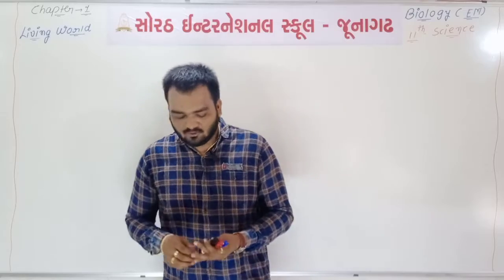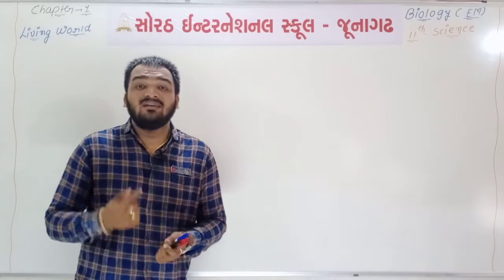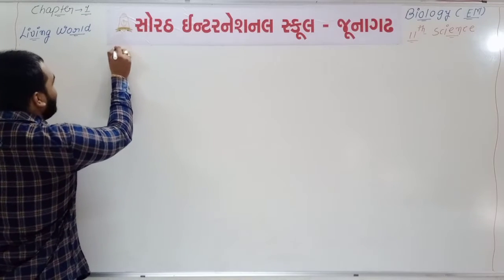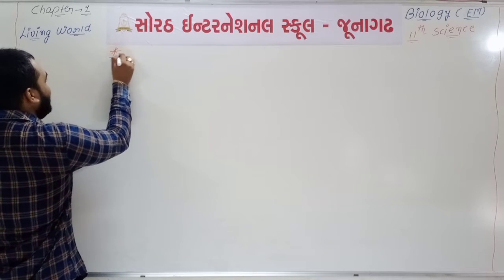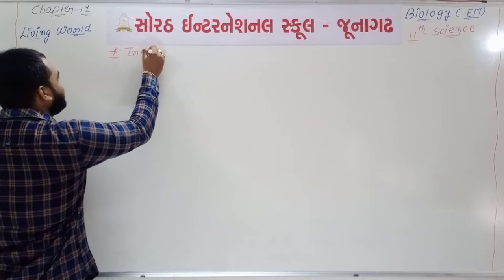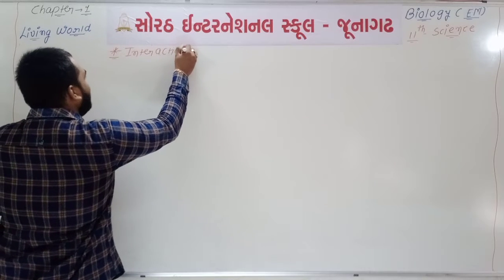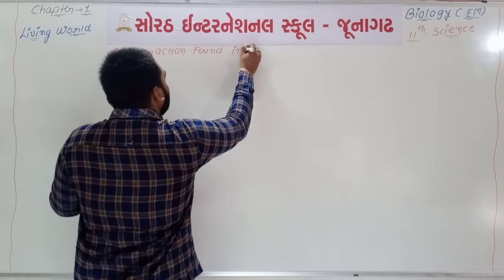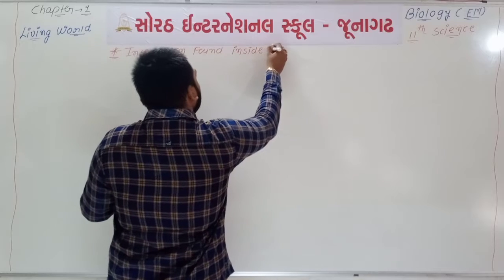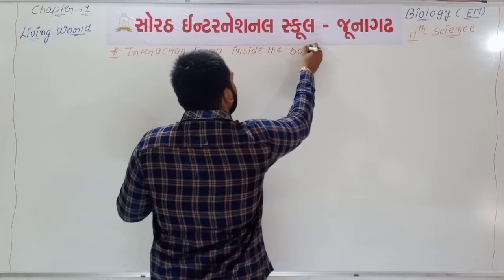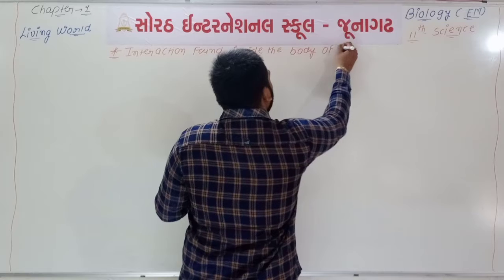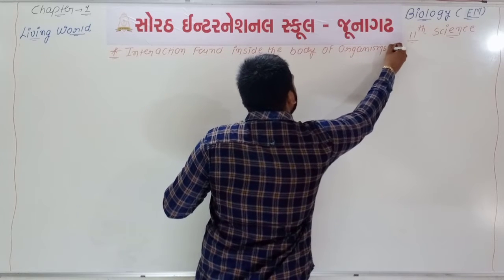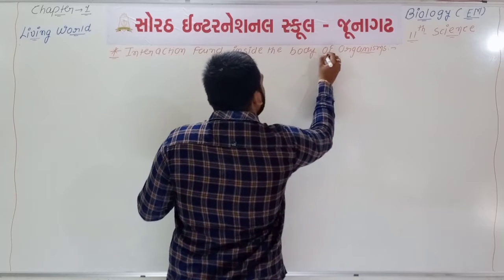So today we are going to talk about the interaction found inside the body of a living organism. So today's question is: interaction found inside the body of different types of organisms.